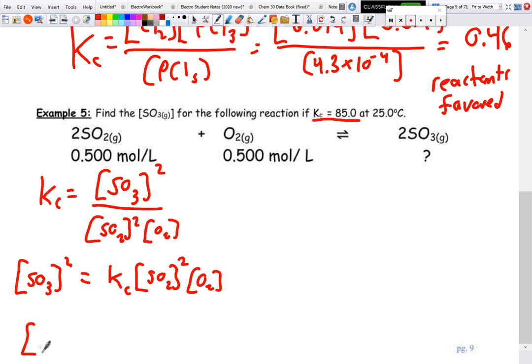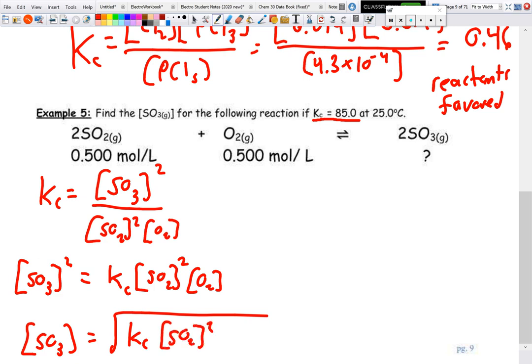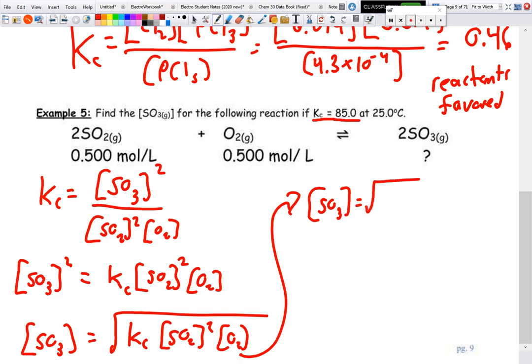And then, to get SO3, because this is squared, I'm going to need to take the square root of everything. And when we do that, we plug in our values. So we got 85.0, 0.500 squared, 0.500.